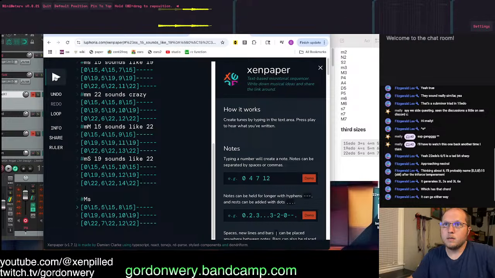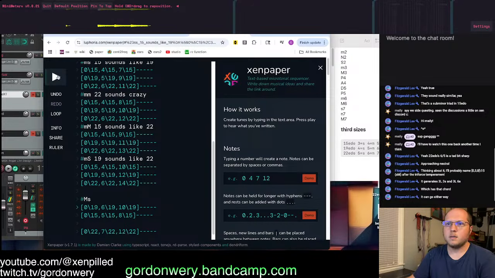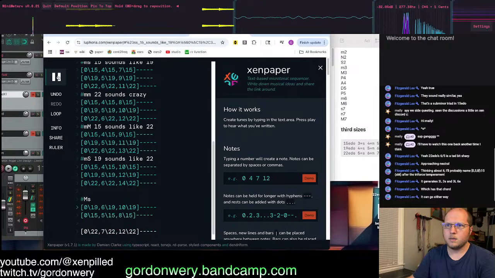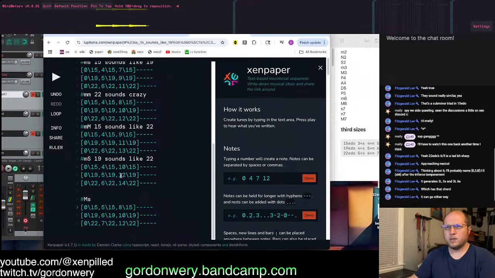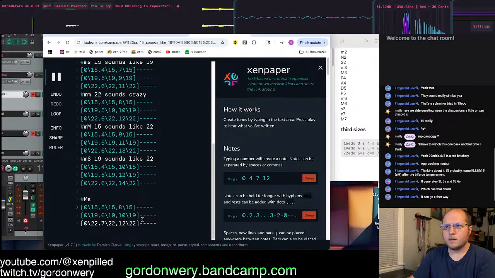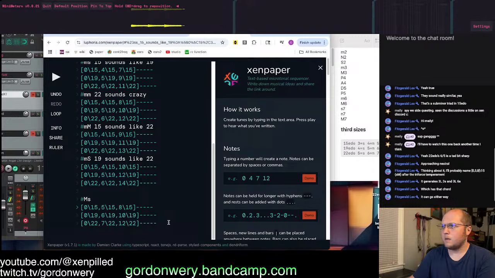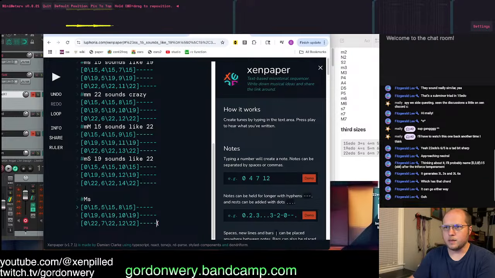Oh, wow. The 19 one is super crunchy. They all sound distinct, but I'd say 15 and 22 sound a little more similar, just because the 19 one is super crunchy. And this almost sounds like just a chord.